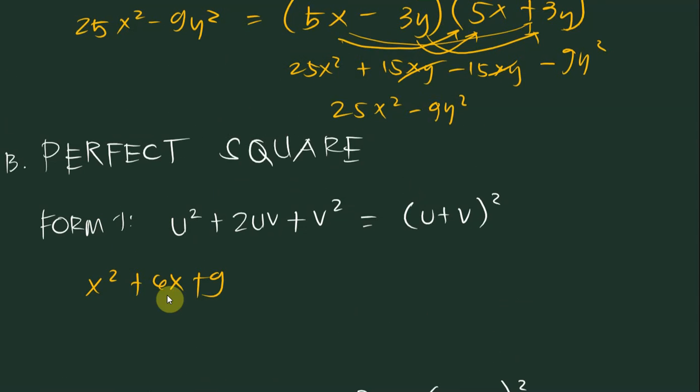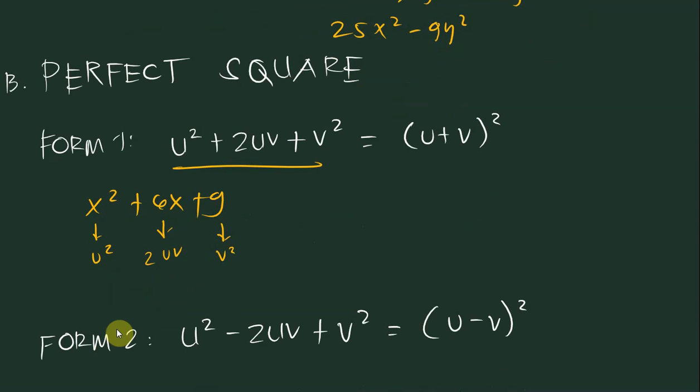So if we break it down into the form here, the x squared is our u squared, and then this is our 2uv, and then this is the v squared. Therefore our u is x, and our v is 3, right?